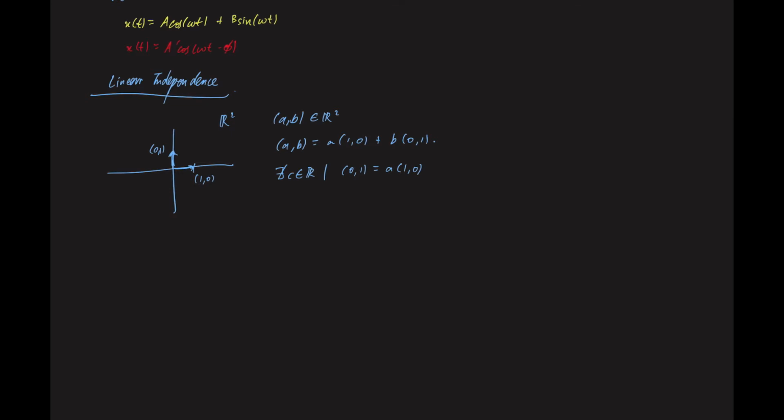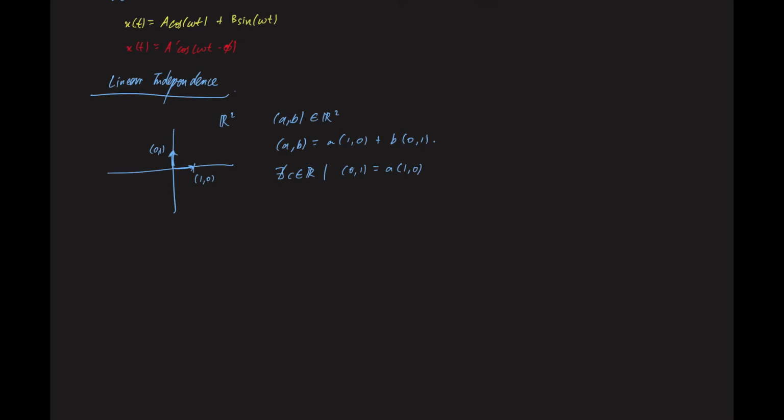In general, linear independence for a set of vectors says that each vector in the set cannot be represented by a linear combination of the other vectors in the set. But that's a topic for another video. For our purposes today, in a space spanned by two basis vectors, we say that those two basis vectors are linearly independent if they are not scalar multiples of each other.